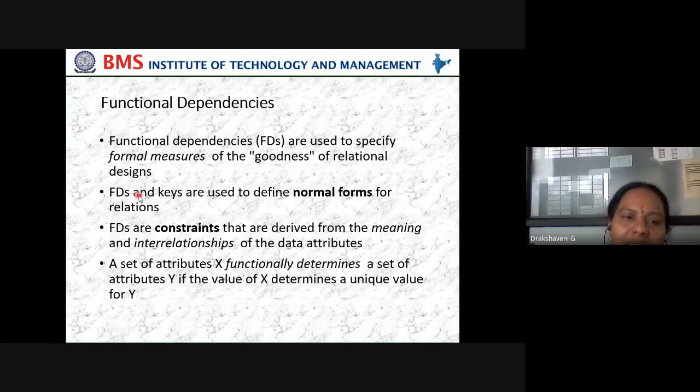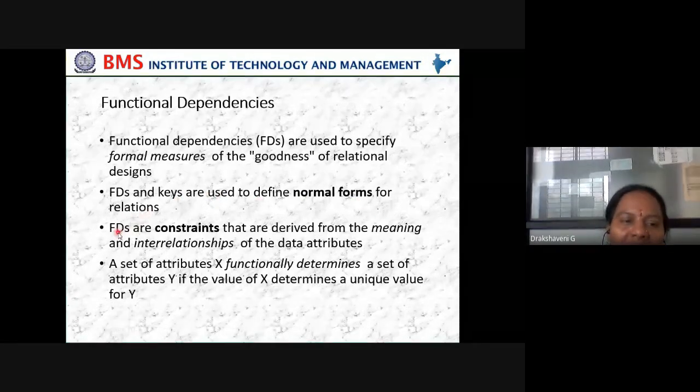Functional dependencies and keys are used to define normal forms for relations. FDs are constraints that are derived from the meaning and interrelationship of the data attributes.